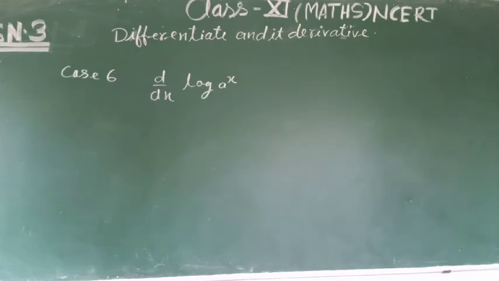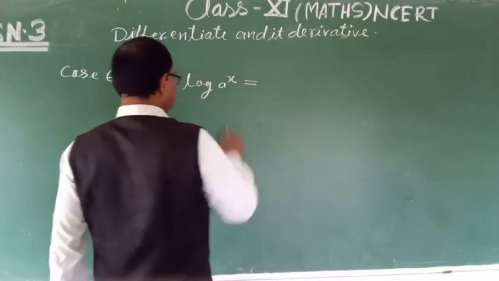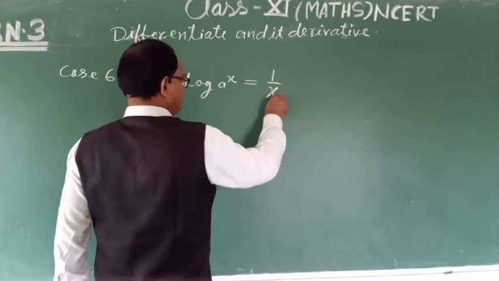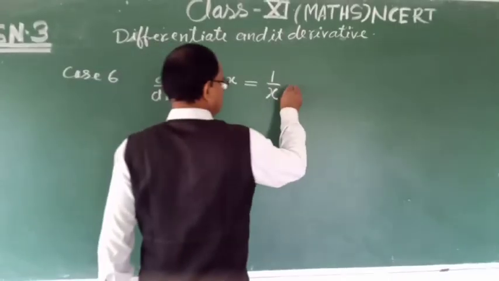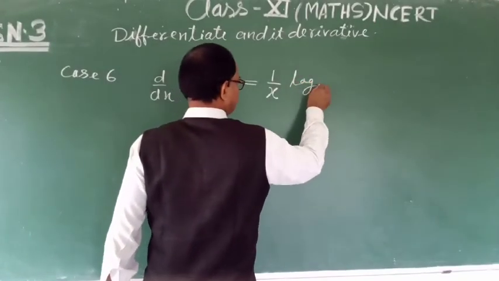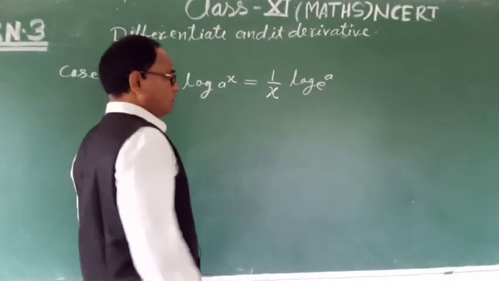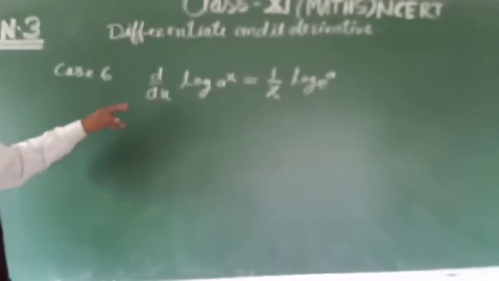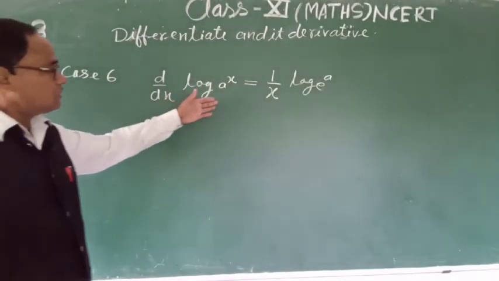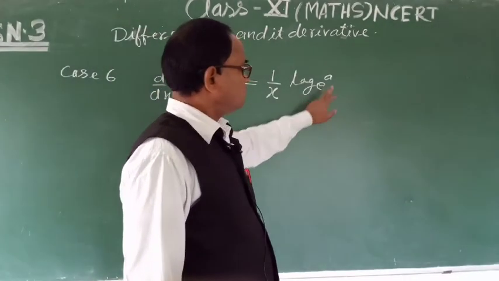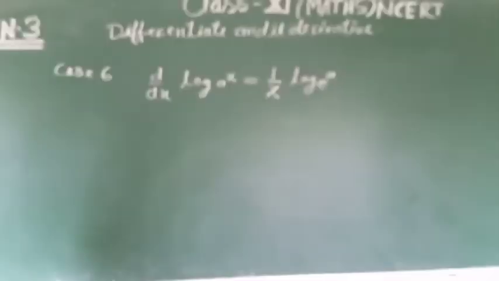Okay, then here this derivative is 1 by x log e to the power a. Okay, students? d upon dx of log a x is equal to 1 by x log e to the power a.